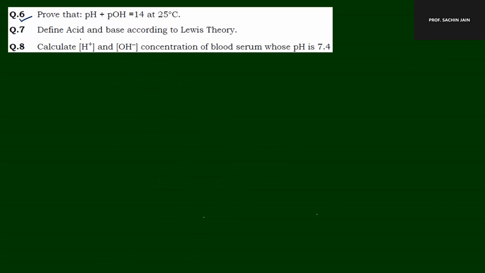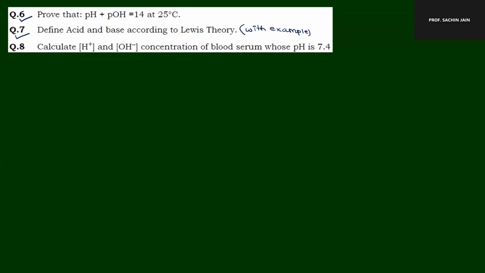Then define acid and base according to Lewis theory. So एक मार्क ल्यूविस एसिड का डेफिनेशन, एक मार्क ल्यूविस बेस का. जब भी डेफिनेशन आए, रिमेंबर, राइट इट विथ एटलीस्ट वन एग्जाम्पल. ओके, एक एग्जाम्पल लिखना है आपको. So what is a Lewis acid? According to Lewis theory, an acid is a lone pair acceptor and base is a lone pair donor.